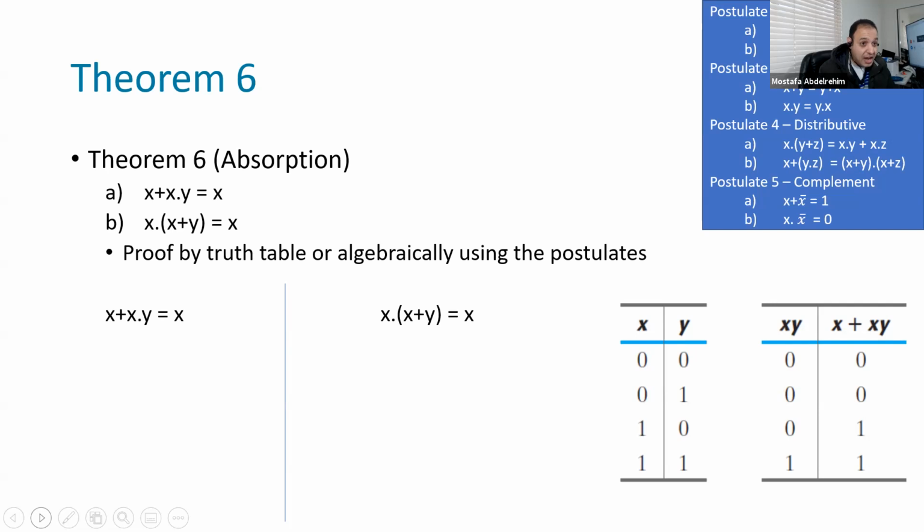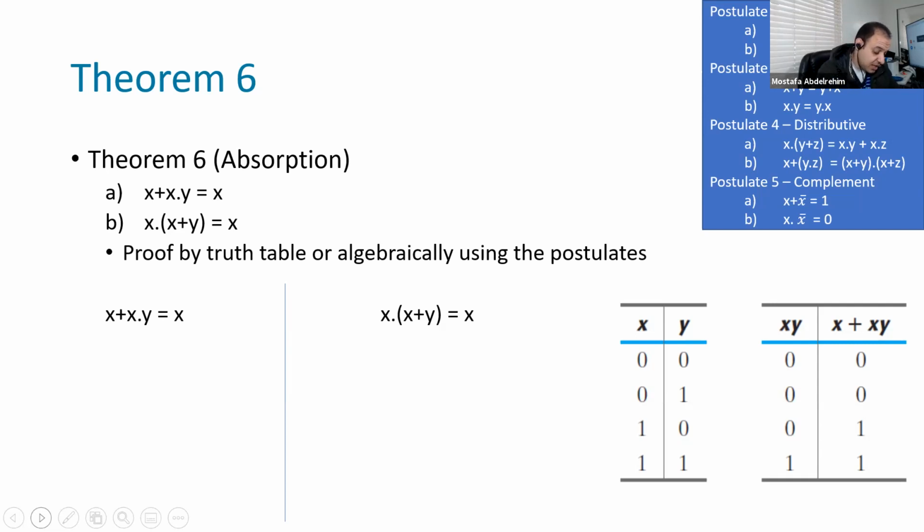And actually they use the theorem. Whenever you prove a theorem, you can use it in another theorem. So each theorem you prove, you can use later in other theorems. And this is what happens. One of the theorems, DeMorgan's theorem, depends on theorem 6 in its algebraic proof.